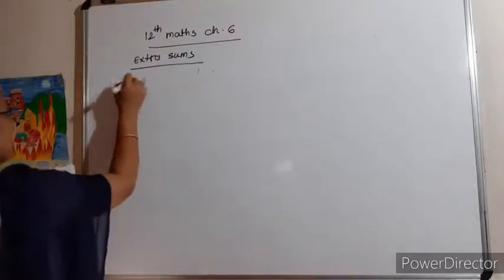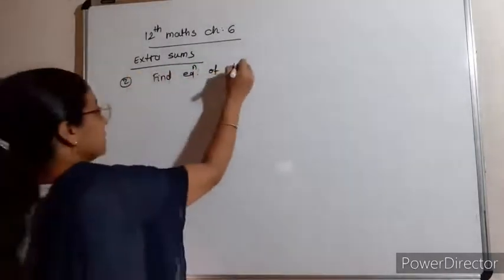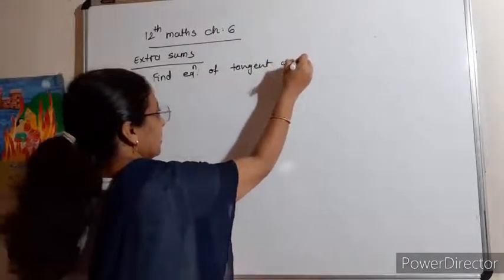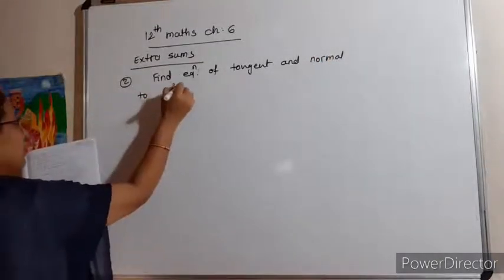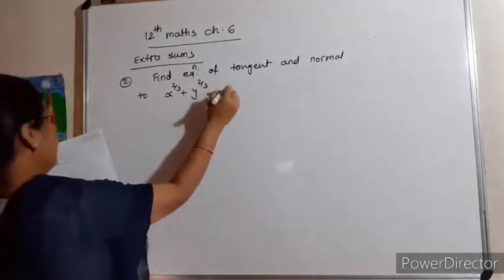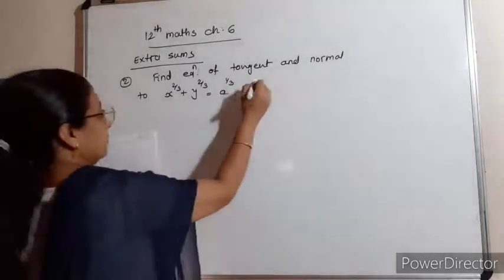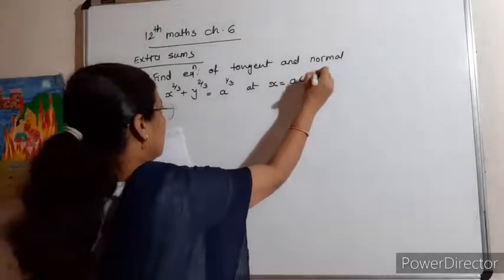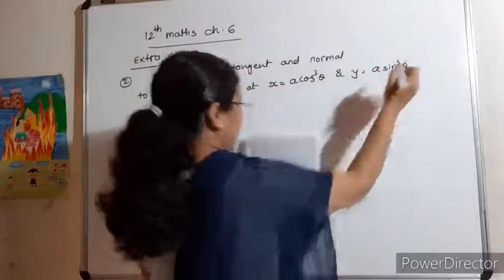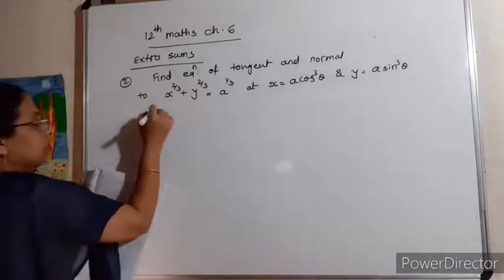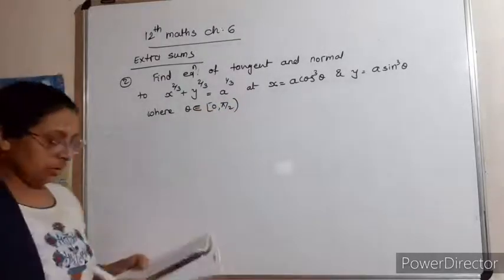The next sum is: find the equation of tangent and normal to x raised to 2 by 3 plus y raised to 2 by 3 equals a raised to 2 by 3, at x is equal to a cos cube theta and y is equal to a sin cube theta, where theta belongs to 0 to pi by 2.